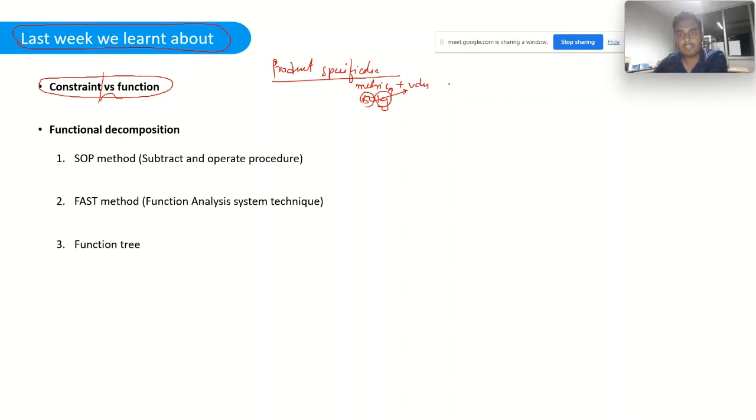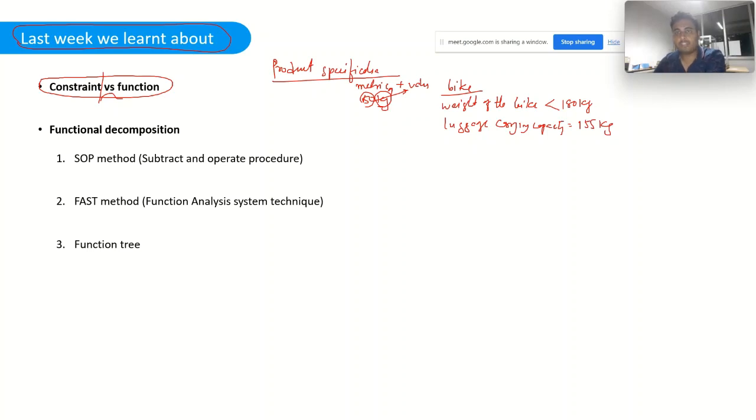For example, you want to design a bike, and the weight of the bike has to be less than 180 kg. Another specification can be luggage carrying capacity is to be 155 kg.